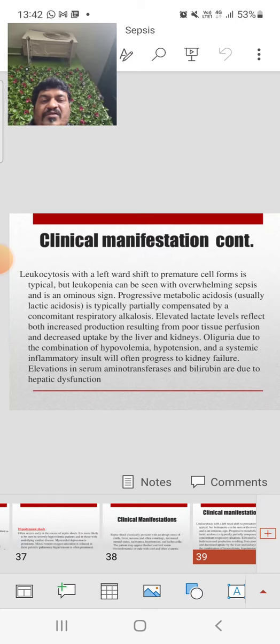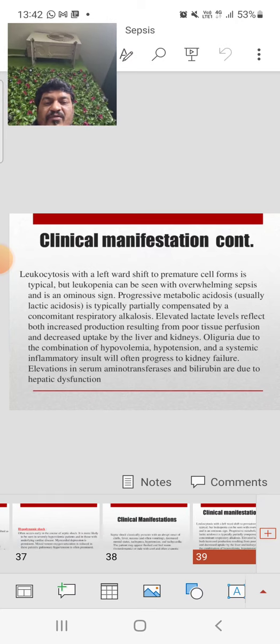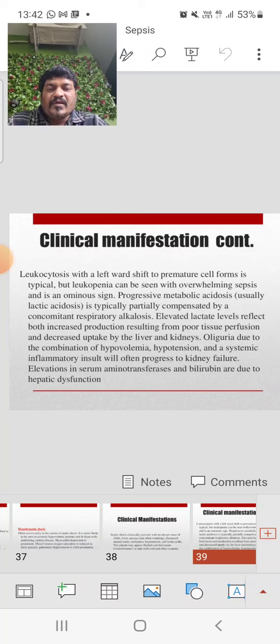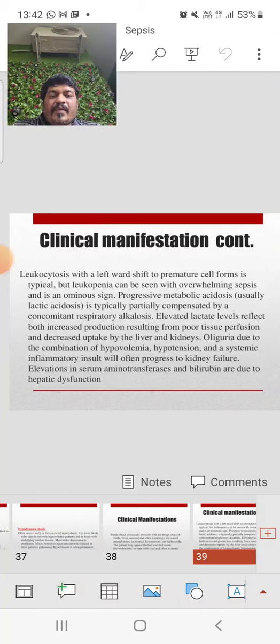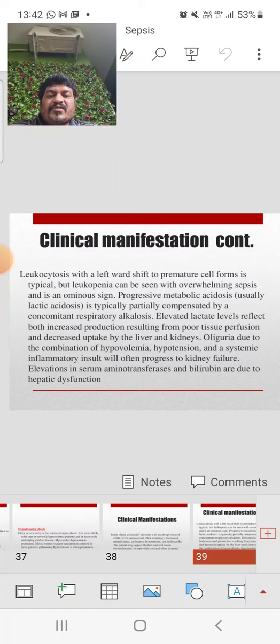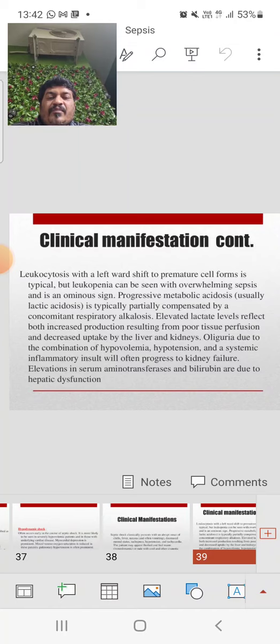Clinical manifestations, where I want to tell you something extra. Leukocytosis with a leftward shift to premature cell forms is typical, but leukopenia can be seen with overwhelming sepsis and is an ominous sign. Progressive metabolic acidosis, usually lactic acidosis, is typically partially compensated by a component of respiratory alkalosis.